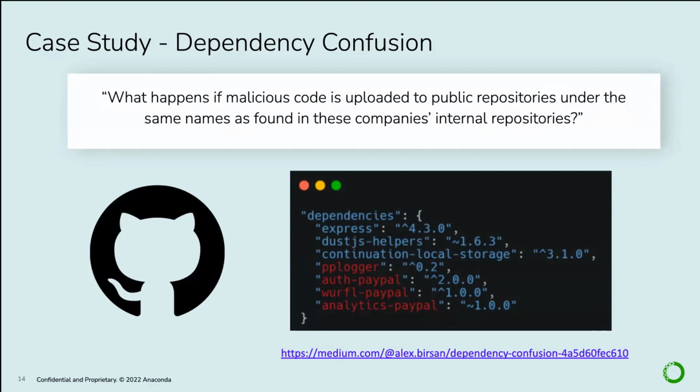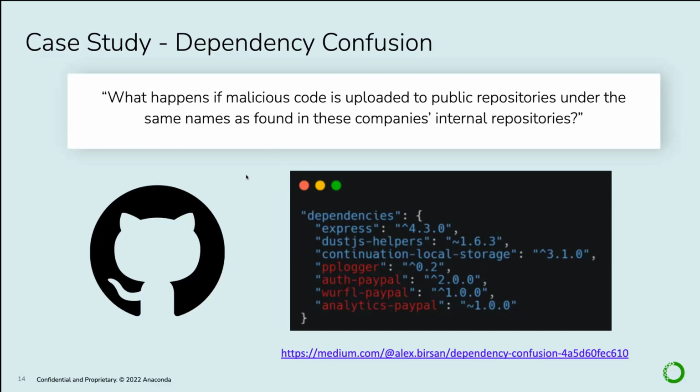So the question he essentially asked was, what happens if malicious code is uploaded to public repositories under the same names as found in those companies' internal repositories? Because pip might go and grab from the public repository first rather than going internally first.